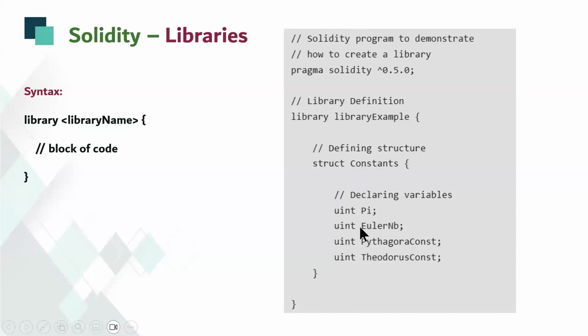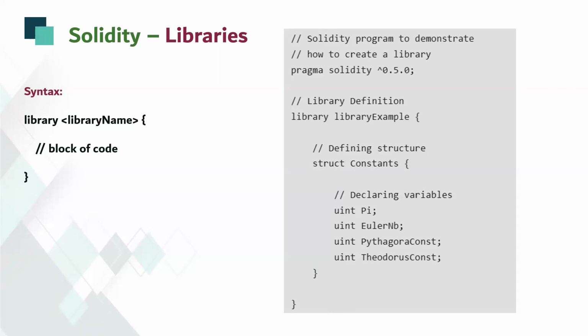The purpose of this library is to provide a convenient way to access and use these constant values within other contracts, by defining the structure inside the library. So the constants can be accessed by other contracts that import or use the LibraryExample library.